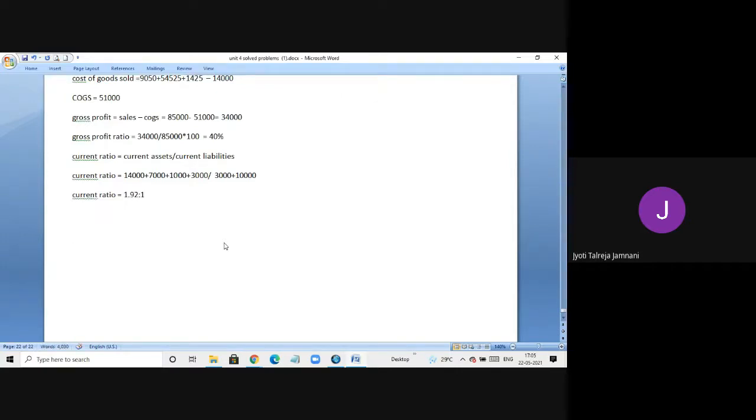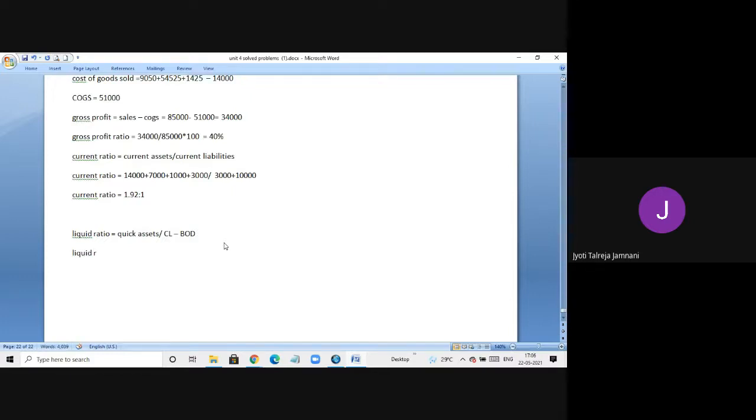We have been asked for the liquid ratio, which is liquid assets or quick assets divided by current liabilities minus bank overdraft. If we take bank overdraft, we have to minus it, otherwise we can just skip it and take all other expenses.